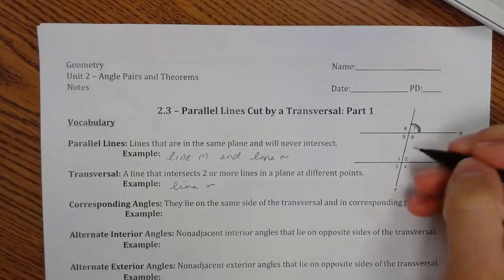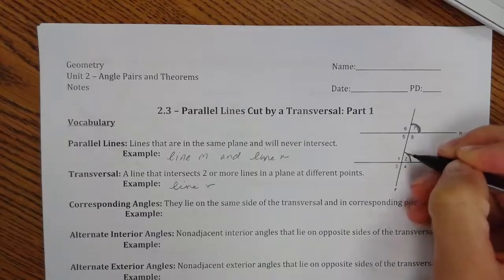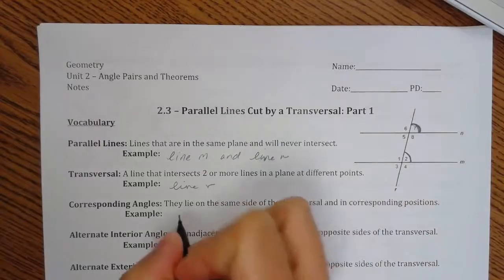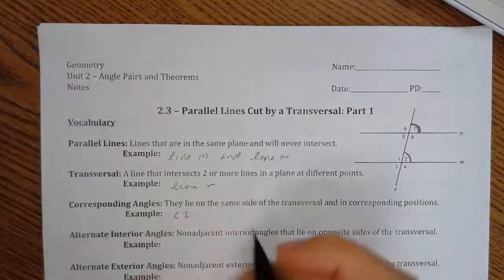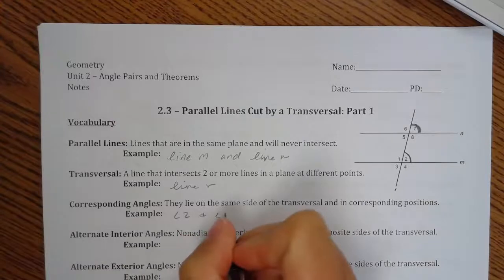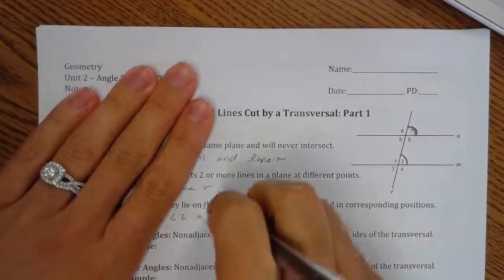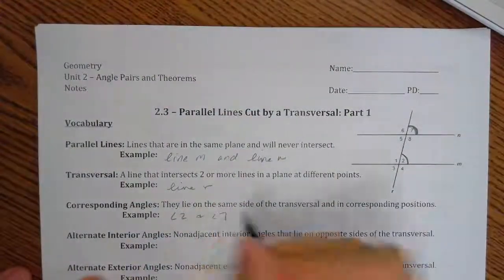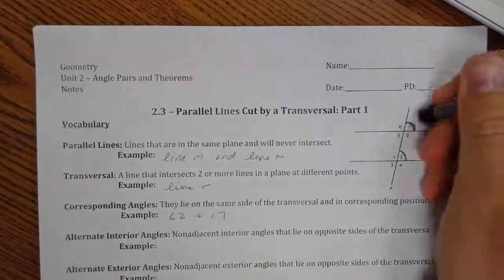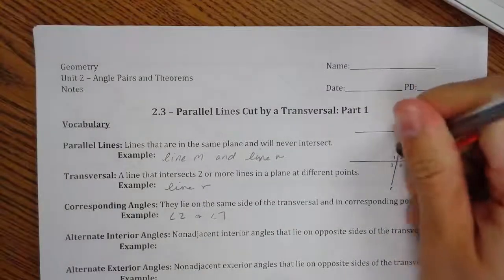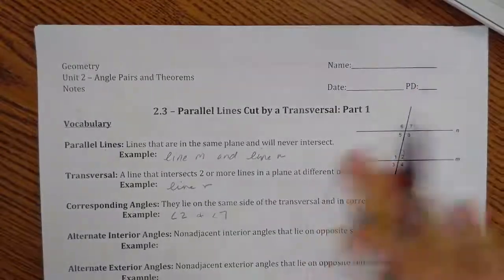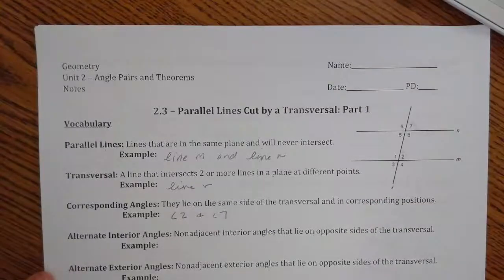The angle that is corresponding to angle 7 is angle 2. So we would say angle 7 and angle 2. Let's go ahead and erase those. So corresponding: same side and in corresponding positions.